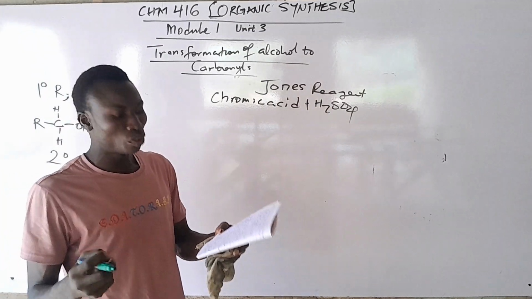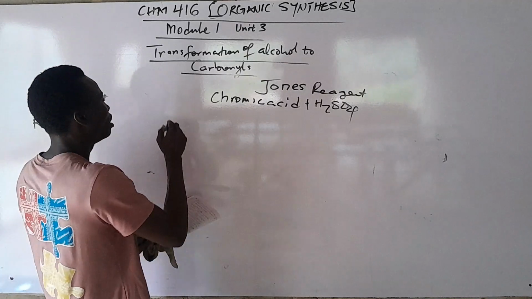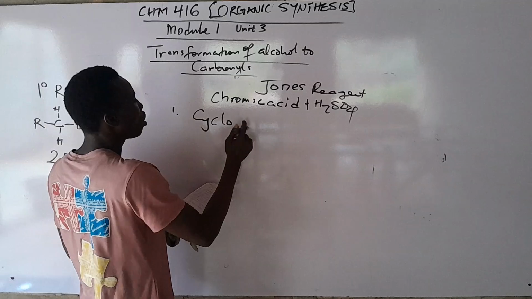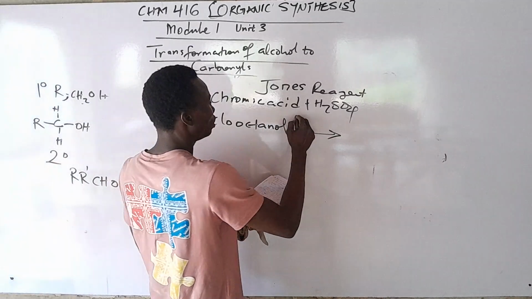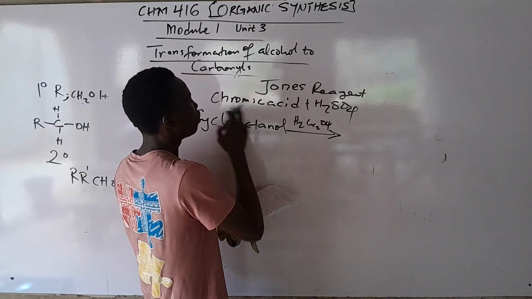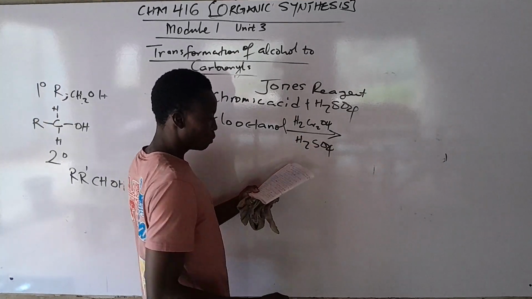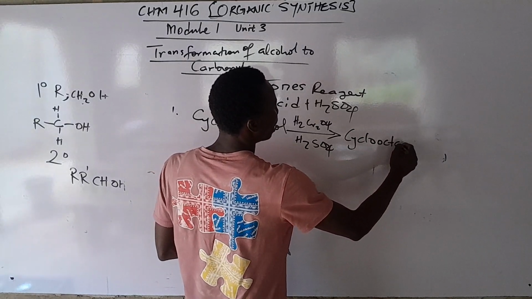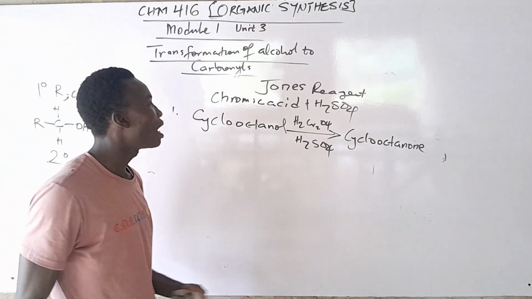With the help of the Jones reagent, we can have this equation: cyclooctanol, in the presence of H2CrO4, which is chromic acid, and H2SO4, produces cyclooctanone. That is the exact compound needed.